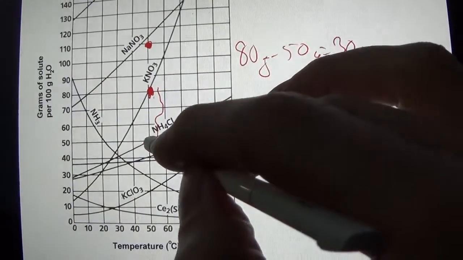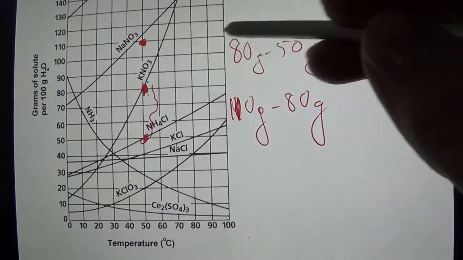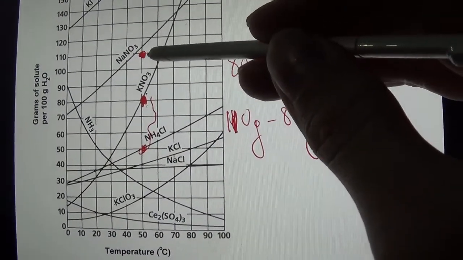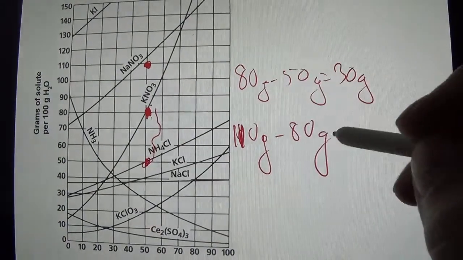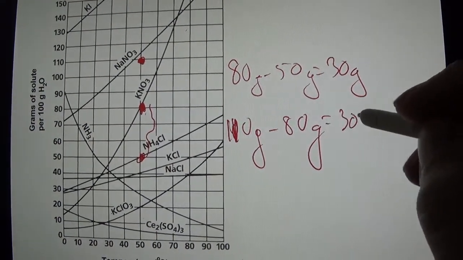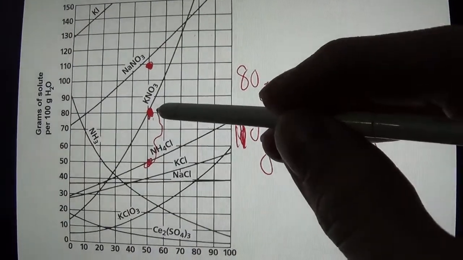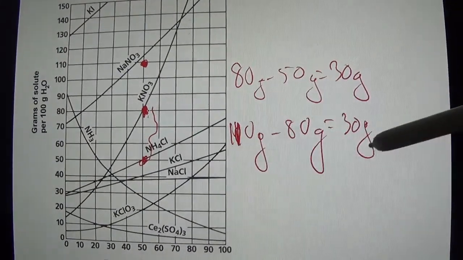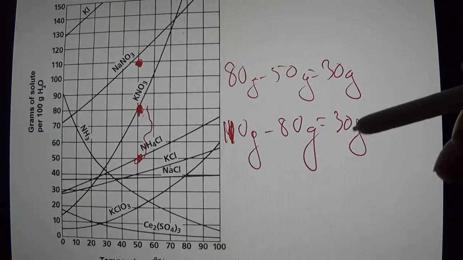It can only hold at its saturation point 80 grams, but I've dumped in just 110, just a spoonful, then it actually means 30 grams of the solid I dumped in is not going to dissolve. It'll just sit there at the bottom doing nothing.